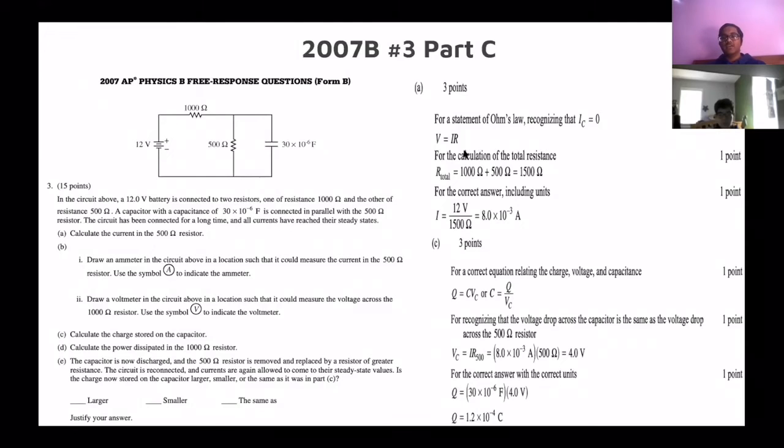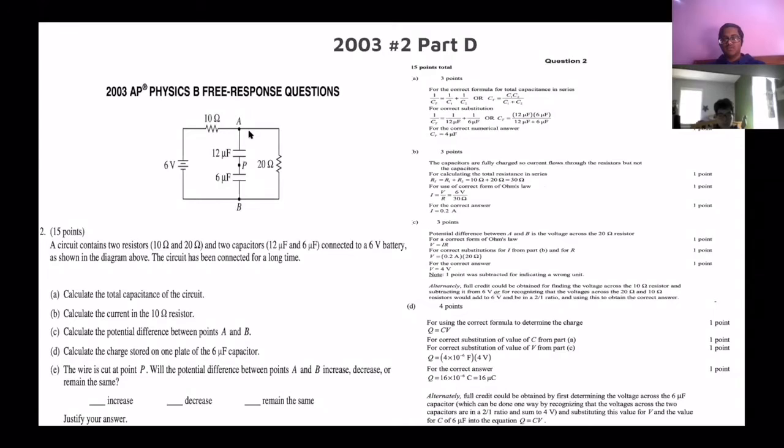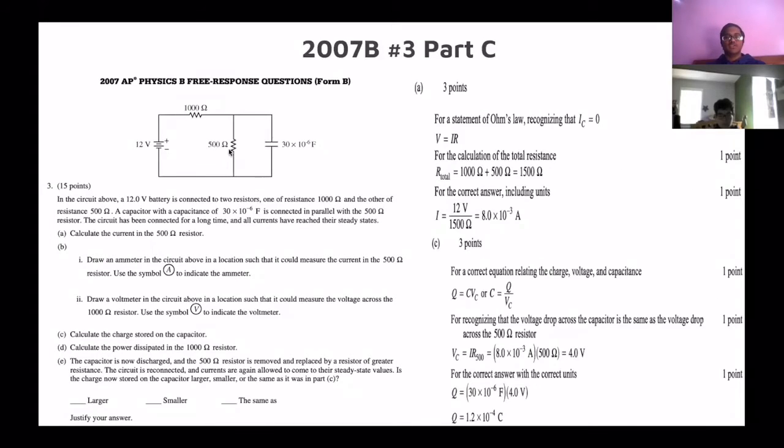To find that, we just had to find the total resistance. Since they're in series, we add up and we get 1500 ohms. Then I equals voltage over resistance, which equals 8 times 10 to the negative 3 amperes.